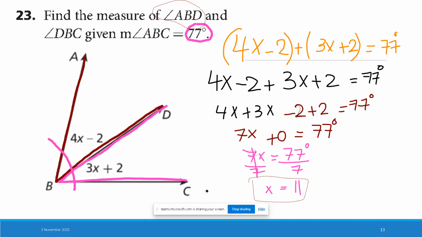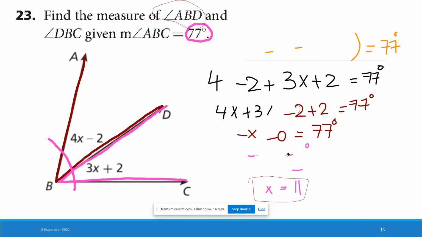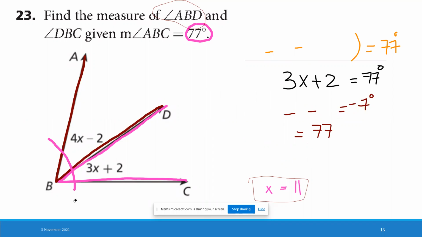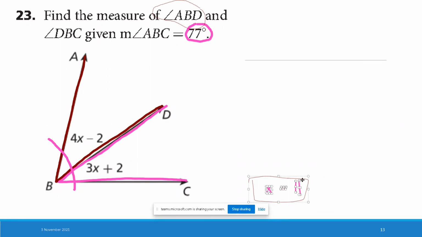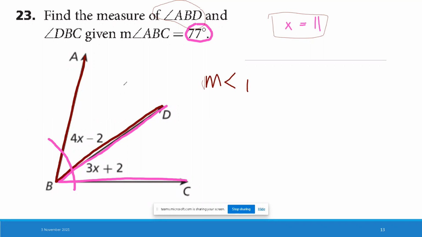So now we found before that x is 11. Next, what is the measure of the angle ABD? Yes, please.